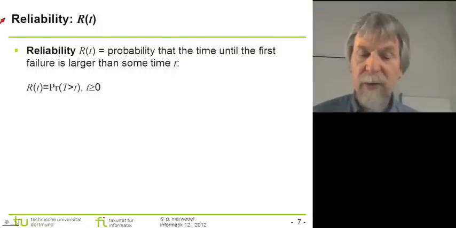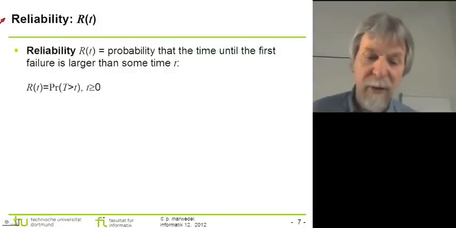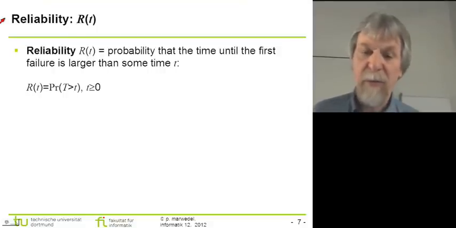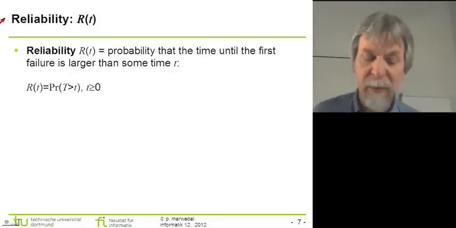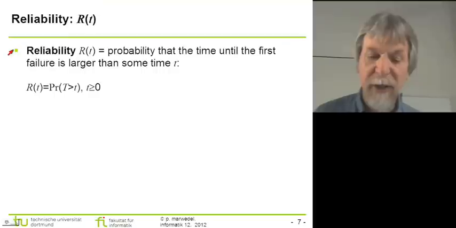Now, in addition to considering the probability density and the probability, we are also introducing formally the term reliability. Formally, the reliability is defined as the probability that the time until the first failure is larger than some time t.